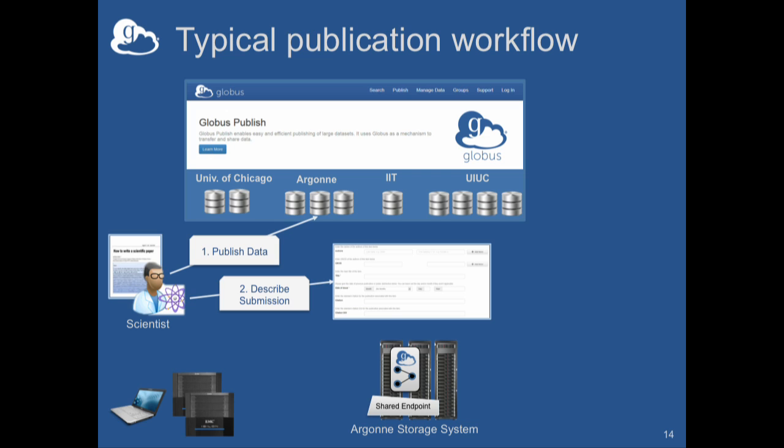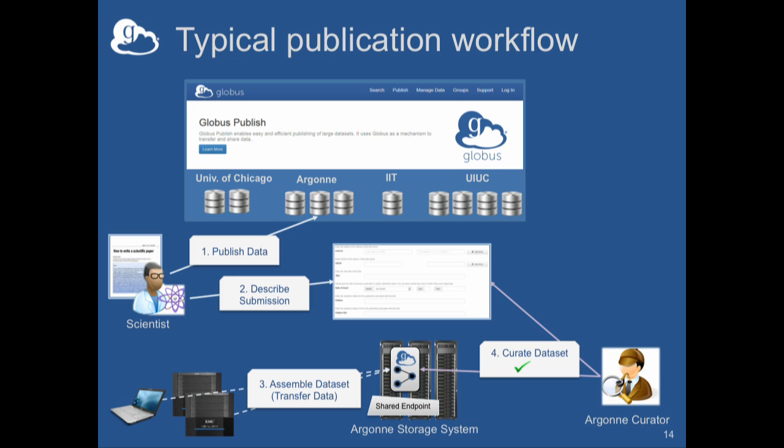Once that is done, the scientist then assembles the data, right? For example, if the data is sitting on your storage cluster, an Isilon machine there, or your laptop, you have some graphs, whatever you have, you say, these are the files associated with this data set. And that gets moved to the final location from which it's going to get published or served.